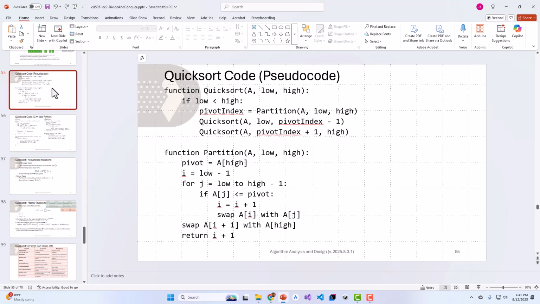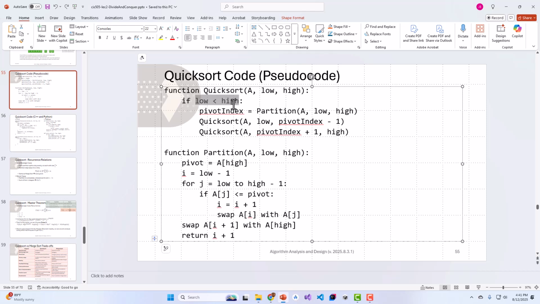Okay, here's the pseudocode for quicksort. We take the array, and the low and the high rather. As long as the low is less than the high. Now, I know it's an if statement here, so it might throw you off a little bit, but since we have recursion involved, it's going to have a little bit of an iterative behavior here.